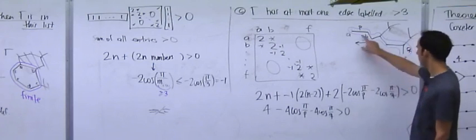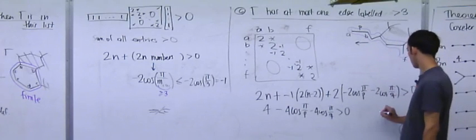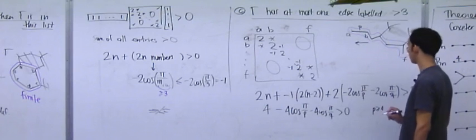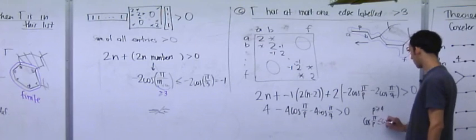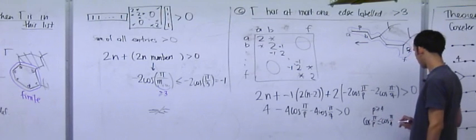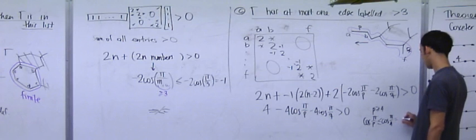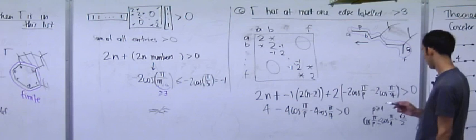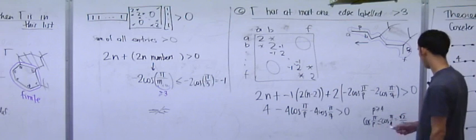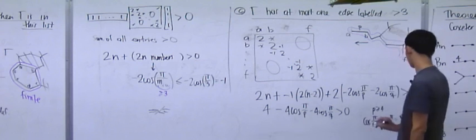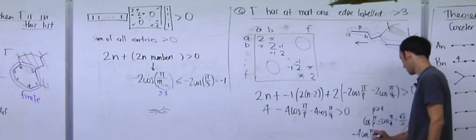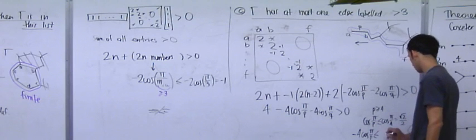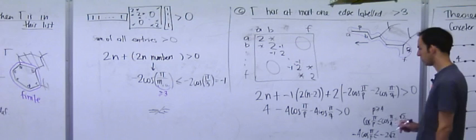Well, the point is that p is bigger than or equal to 4, so cosine of pi over p is less than or equal to cosine of pi over 4, which is square root of 2 over 2, and the same for q. So if I take minus 4 cosine of pi over p, this is going to be less than or equal to minus 2 root 2.